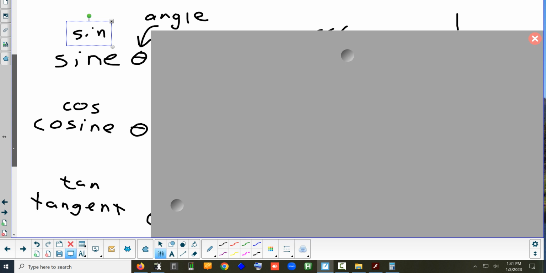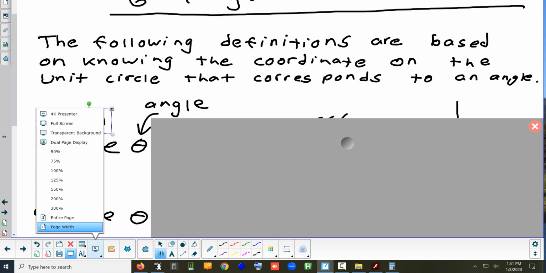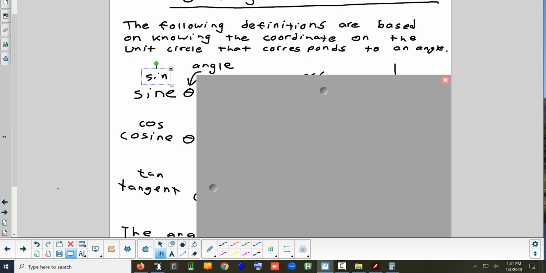And the third one is tangent, and that's abbreviated TAN. And what I'm going to do is put an equal sign after each one of them, and I'll put the formula next to how you find it.